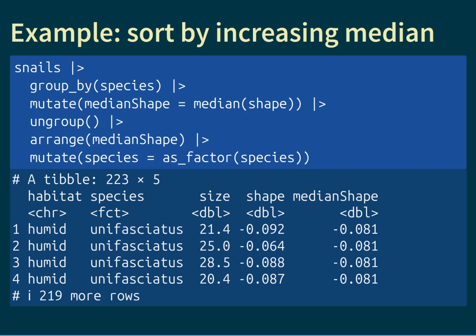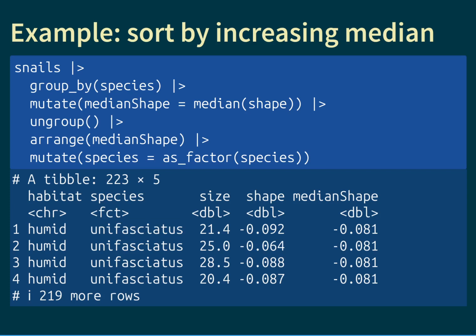But now, because if you remember, asFactor converts strings into factors and does so assigning the levels in the order in which they appear in the table, Unifasciatus will be the first factor level in the species, which, by the way, now is a factor variable, as you can see. And then the next species, and the next, and the next.